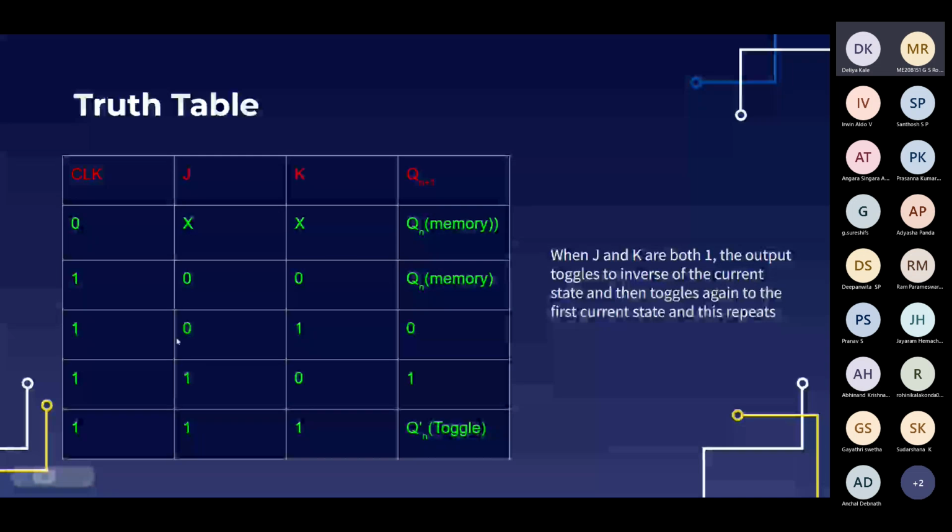When it is 0 1, it will be 0. When it is 1 0, Q(t+1) will be 1. When both are 0, it will be memory. When both are 1, it will toggle. Toggle means it will be the complement of the previous state.